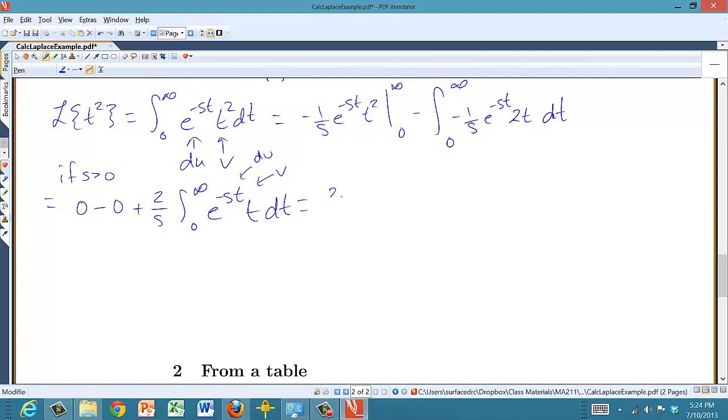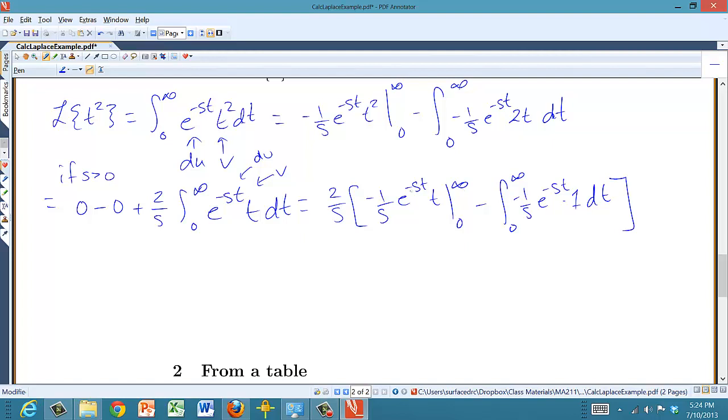So I end up with 2 over s, negative 1 over s, e to the negative st times t, evaluated at 0 and infinity, minus this integral from 0 to infinity, negative 1 over s, e to the negative st times 1 dt.